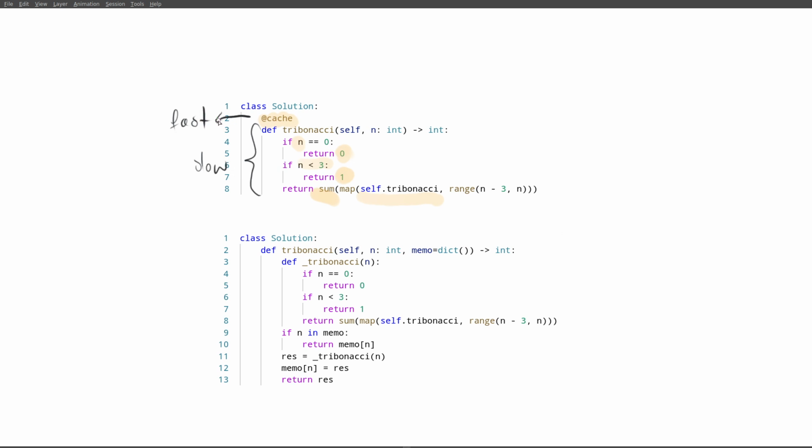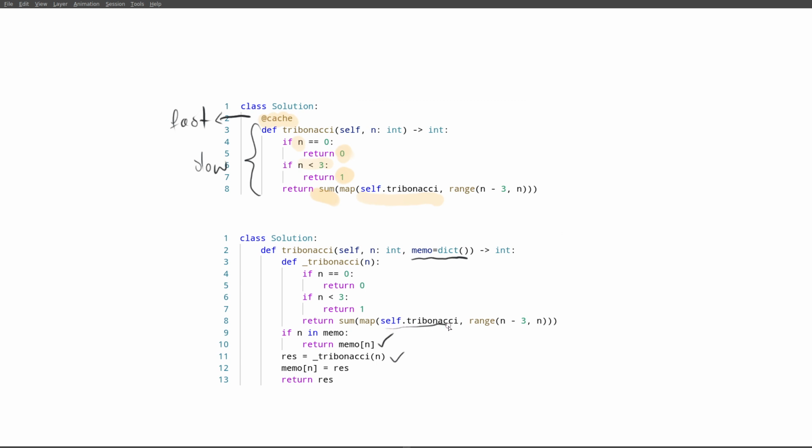And in case you're interested in how this decorator works, or perhaps you want to implement it yourself, or you don't know that this decorator exists, one way you can think about it is that you have the outer function which just keeps a dictionary for memoization, and whenever the value n is already in the dictionary, it just returns it. Otherwise, it calculates it.